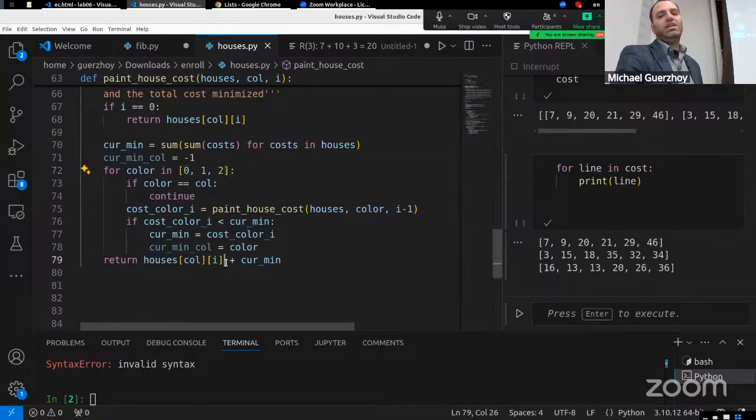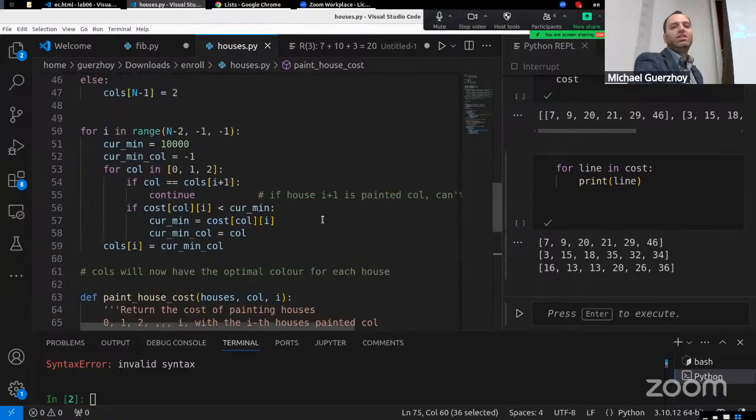And then we add the current cost of painting house I this color, which is just the original data, plus the minimum of those 2 costs. Does that make sense?